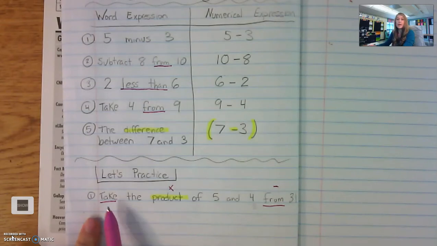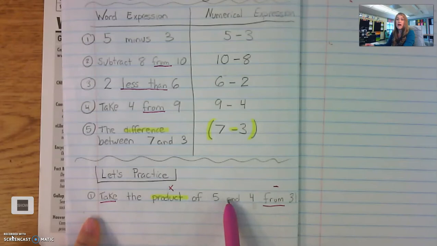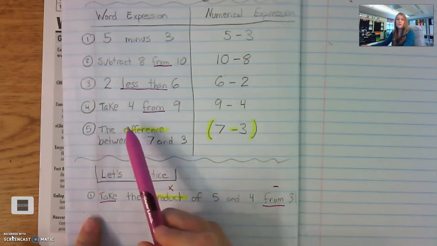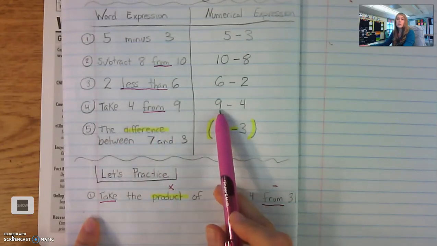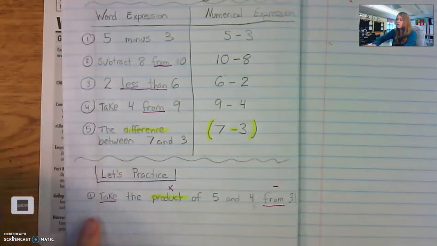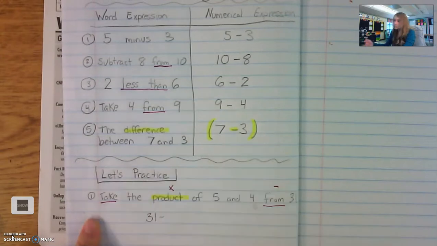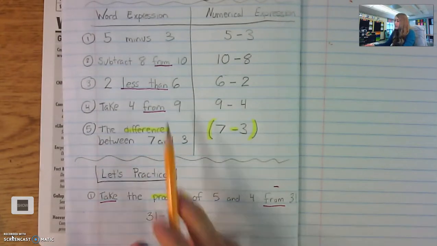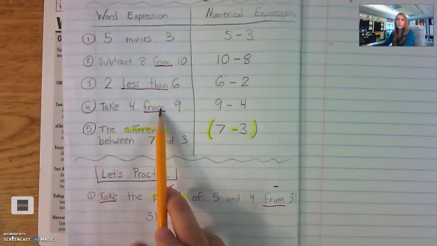So what does it say? It says take the product of 5 and 4 from 31. So if I go over here, take 4 from 9. So 9 was what we put on the front, even though it was the end. So this tells me from 31, I need to put 31 at the beginning. And then what am I going to take from it? Well, up here, I took the 4 because it says take 4 from 9.